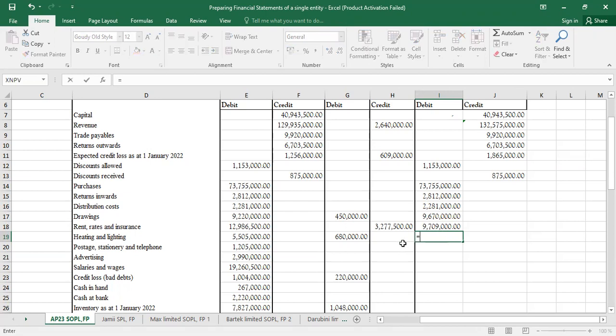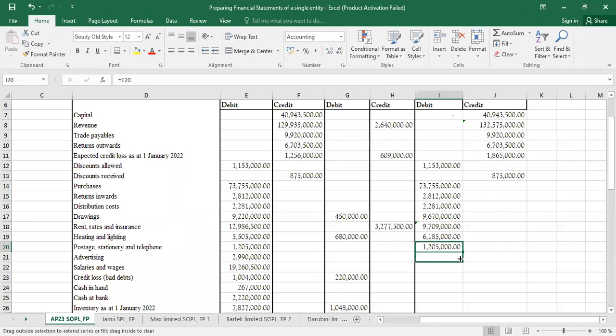We move to our heating and lighting. They are both on the debit column, so I'll just be adding them. Then for our stationery, there is no adjustment. Also for advertising and salaries, so I'll just drag because it will just reflect what was there.